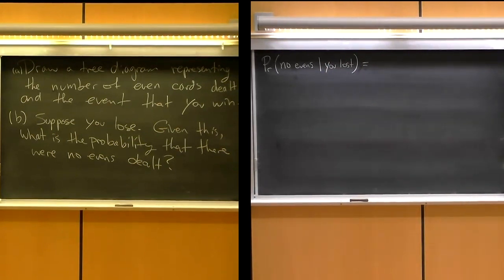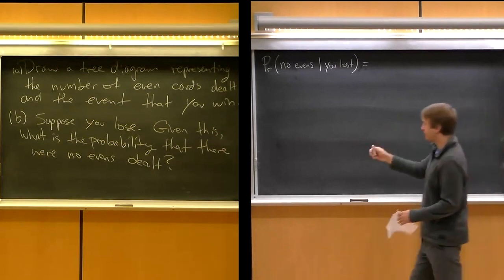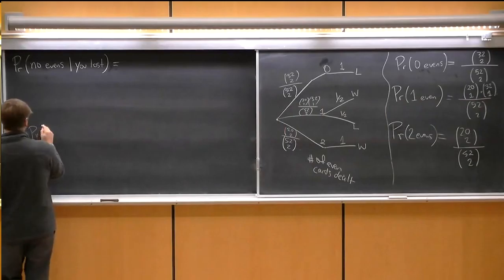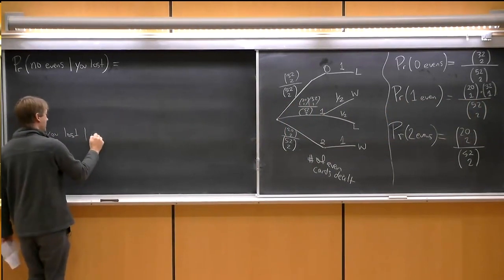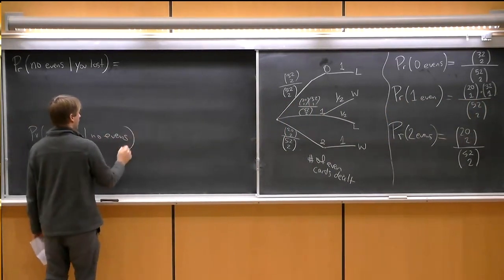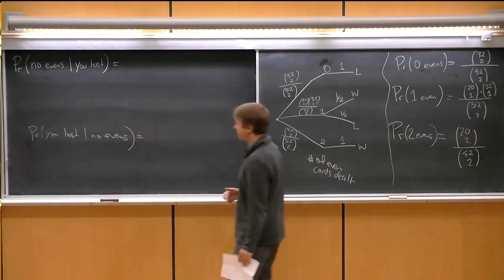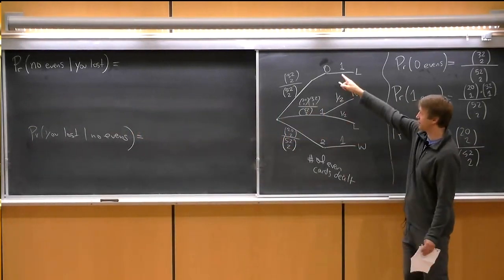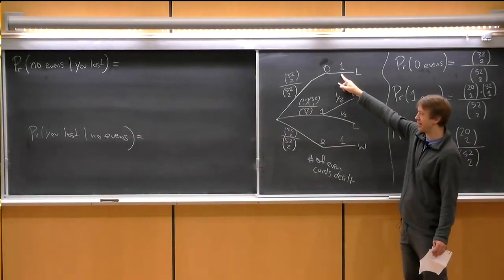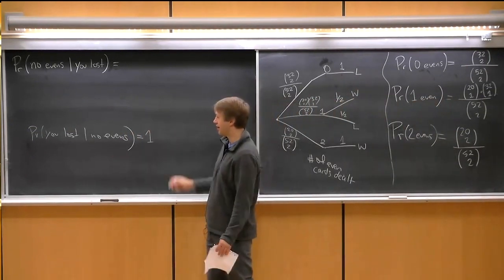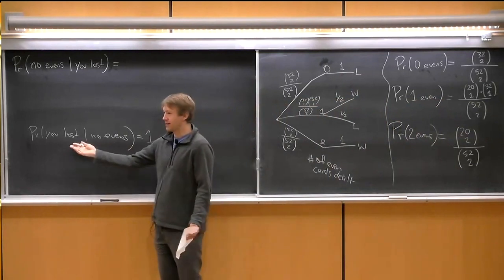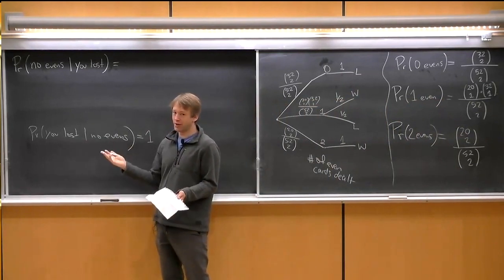Notice that if this probability was turned around the other way, if it was the probability you lost, given that there are no evens, that would be super easy because it's 1. It's just sitting right there in my tree diagram. It's also kind of obvious that if there are no evens, you lose 100% of the time.